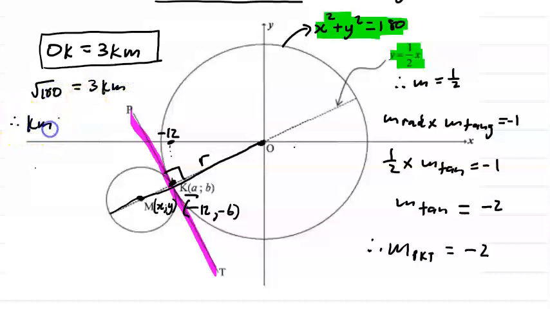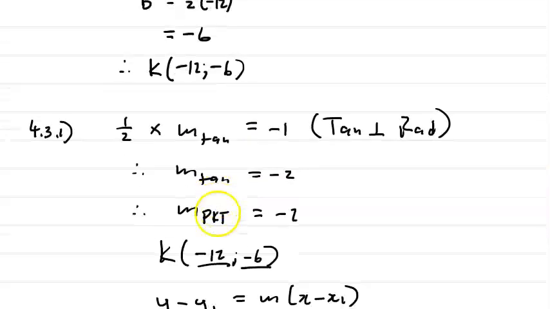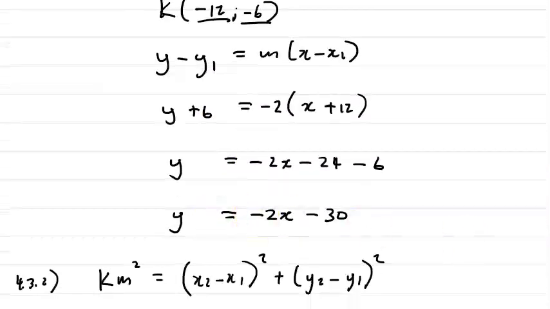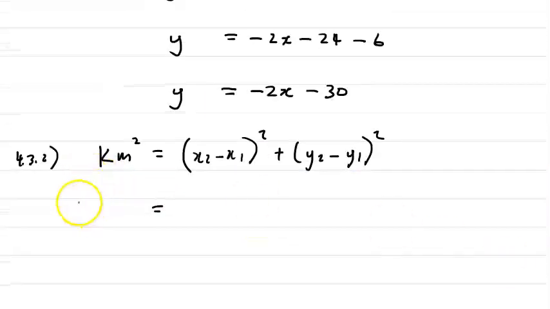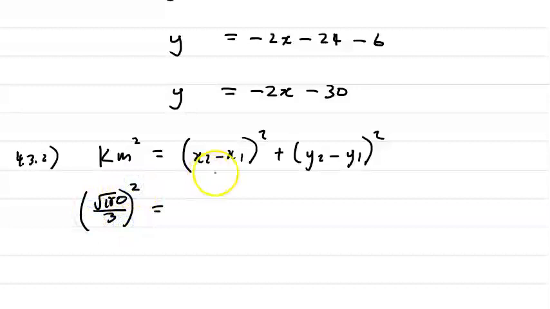Therefore, KM will equal the square root of 180 over 3. So KM squared, and now substitute that. KM squared will be (the square root of 180 over 3) all squared.